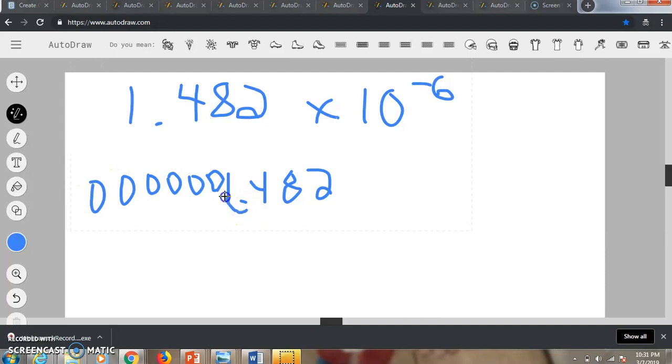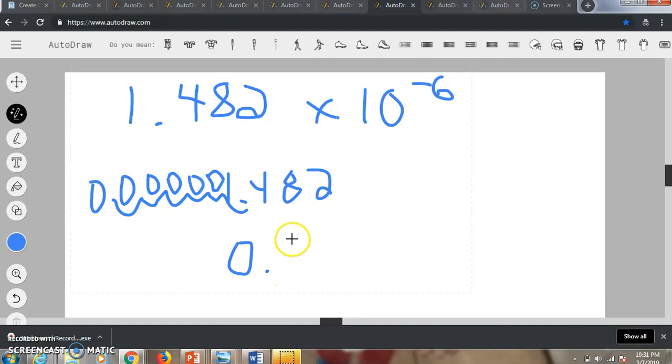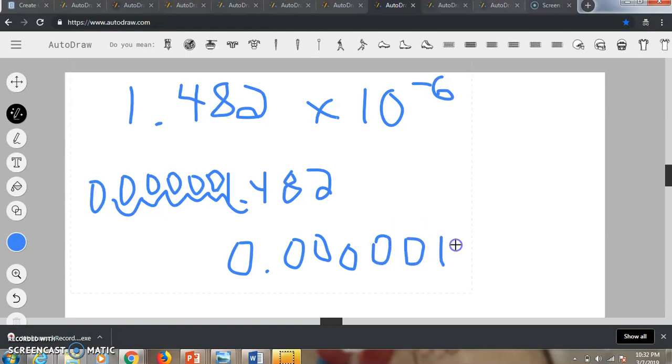And then move the decimal. 1, 2, 3, 4, 5, 6. So this will be your new number 0.5 zeros here. 1, 2, 3, 4, 5, and then 1, 4, 8, 2. So you move this decimal from here between the 1 and the 4, 6 places to the left, so you had to add those zeros.